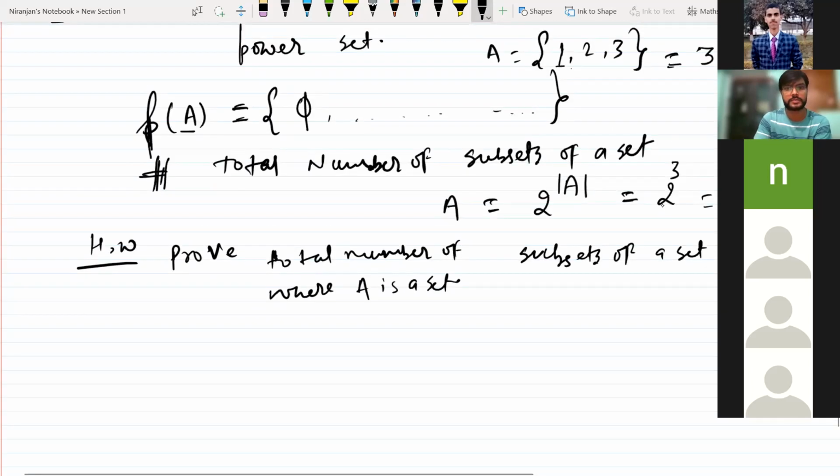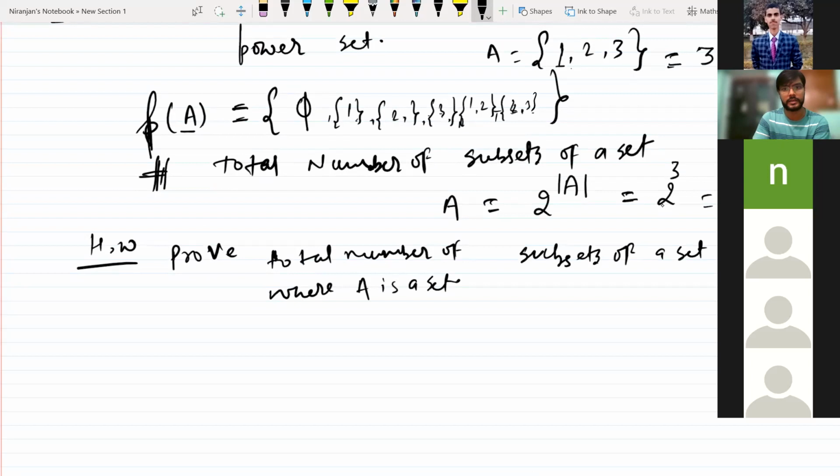So you can write all the subsets there. 1 would be a subset, 2 would be a subset, 3 would be a subset. Similarly, you take pairs of 2, so 1 comma 2, 2 comma 3, and 1 comma 3.